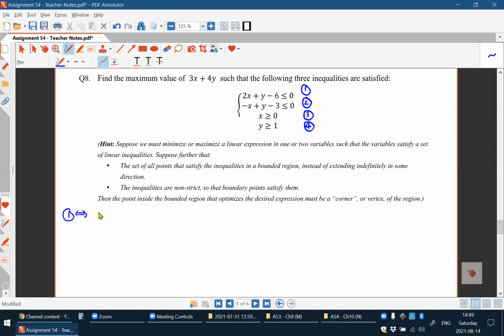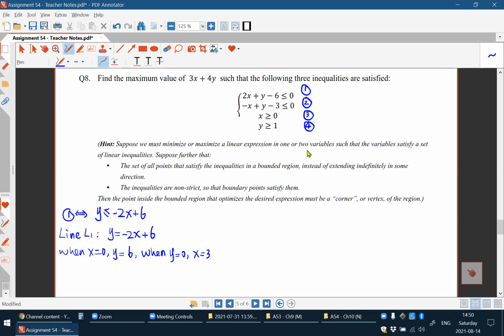So first inequality is equivalent to y is less than or equal to minus 2x plus 6, right? And the corresponding line L1 is, of course, y equals minus 2x plus 6. When x is 0, y is 6. And when y is 0, x is 3, right?